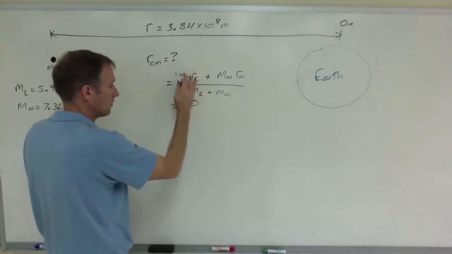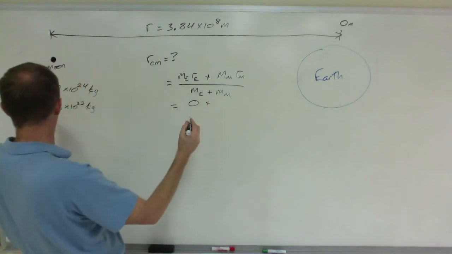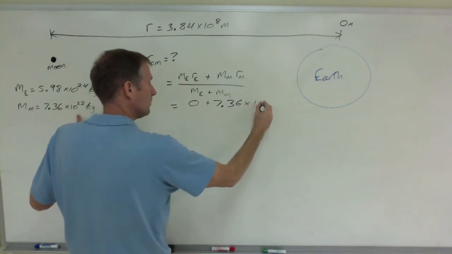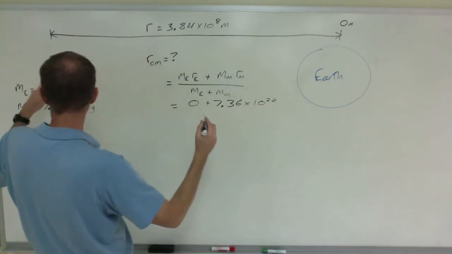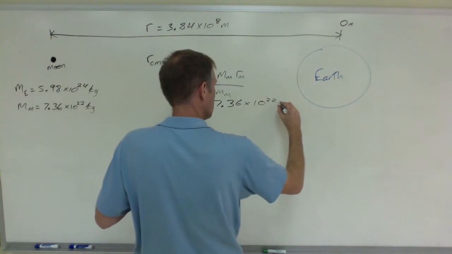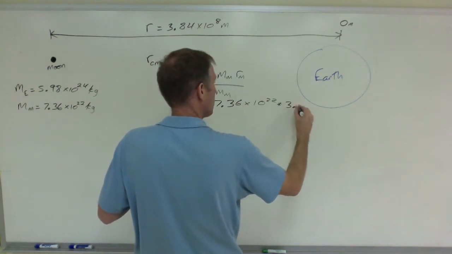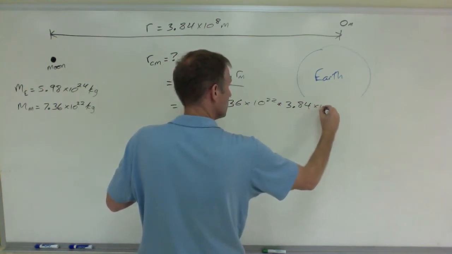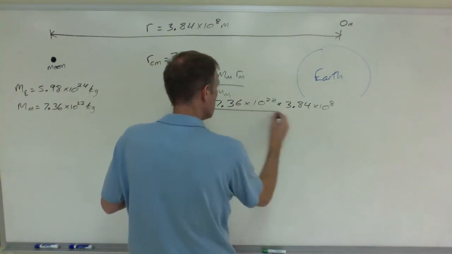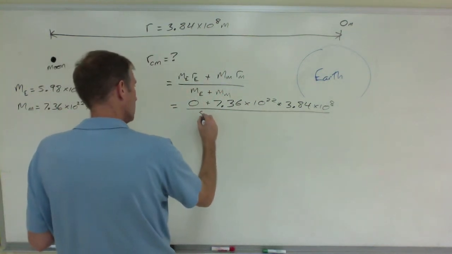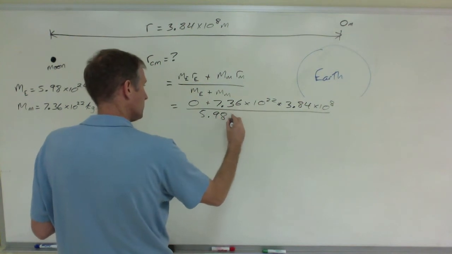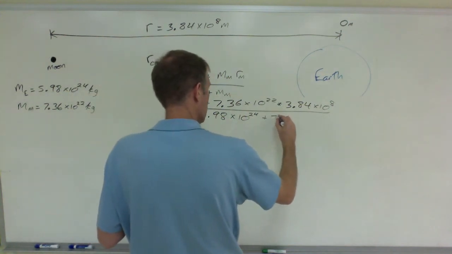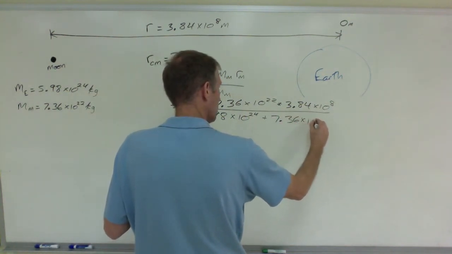So that's 0 for that term, plus the mass of the Moon, 7.36 times 10 to the 22, times the distance, 3.84 times 10 to the 8, all divided by the sum of the two masses, 5.98 times 10 to the 24 plus 7.36 times 10 to the 22.